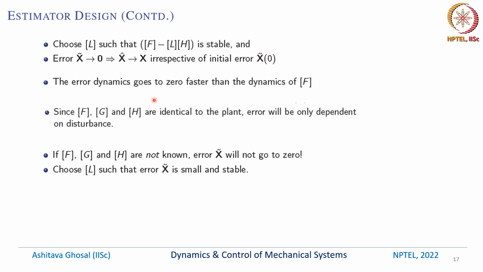So the error dynamics needs to go to 0 faster than the dynamics of f, and since f, g and h are identical to the actual plant, the error will be only dependent on the disturbance. If f, g and h are not known, the error x tilde will not go to 0, but however we can choose L such that the error x tilde is small and stable. So this is the best that we can do with this kind of estimator.